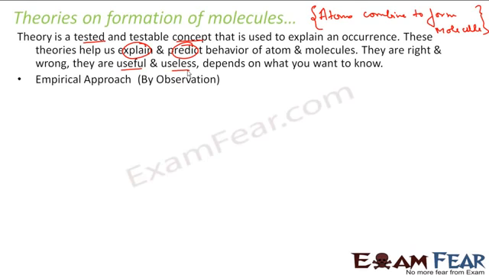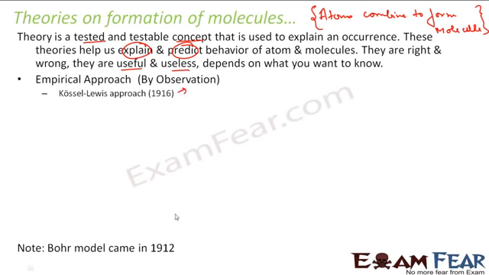The first set of theories was based on the empirical approach, that is, by observation. The first theory by observation was given by Lewis in 1916, and please note the Bohr model came in 1912. This was the time when we got a fair picture of the atom. Till this point the quantum model of the atom was not there.